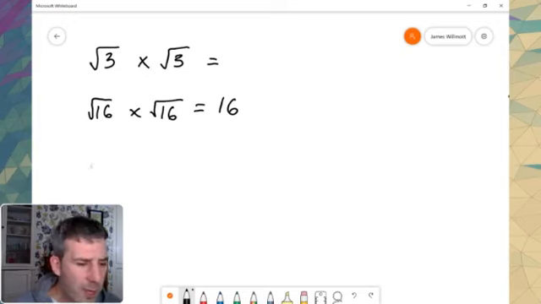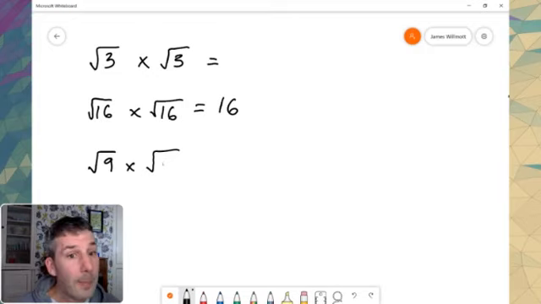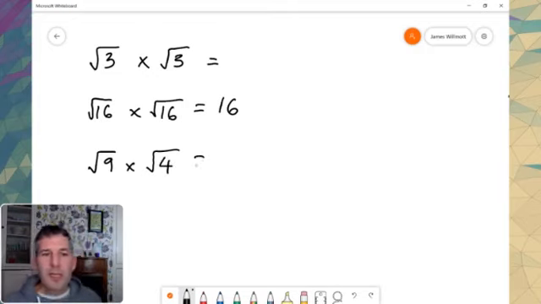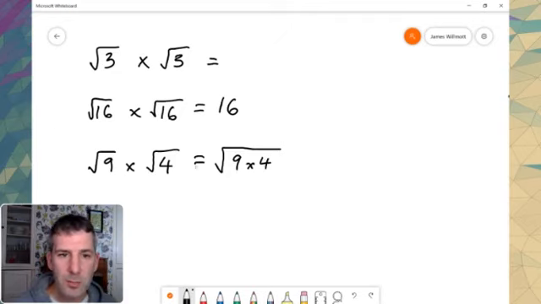But what about if we had something like the square root of 9 multiplied by the square root of 4? Okay, well, actually, the nice thing is that that is just the same as the square root of 9 times 4. Okay, so you can take those two numbers and write them underneath one square root like that.